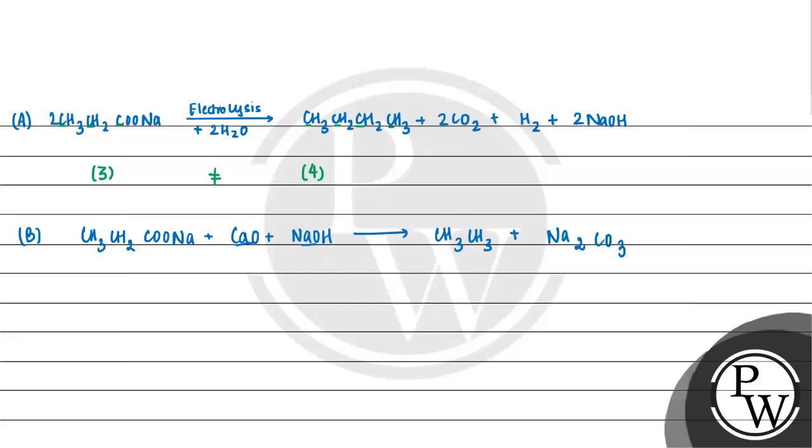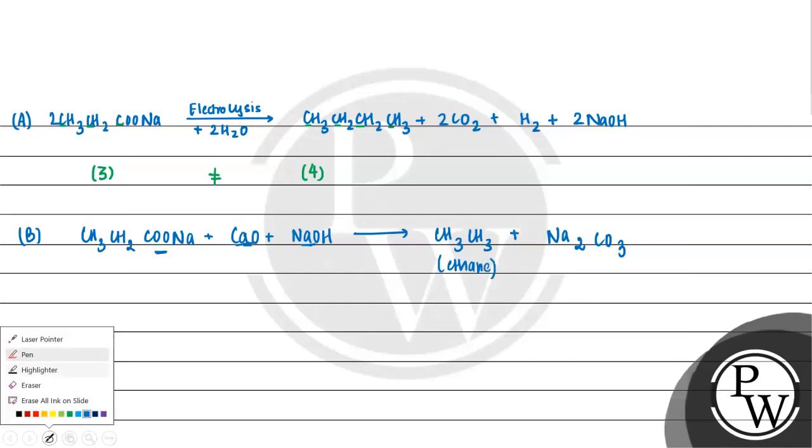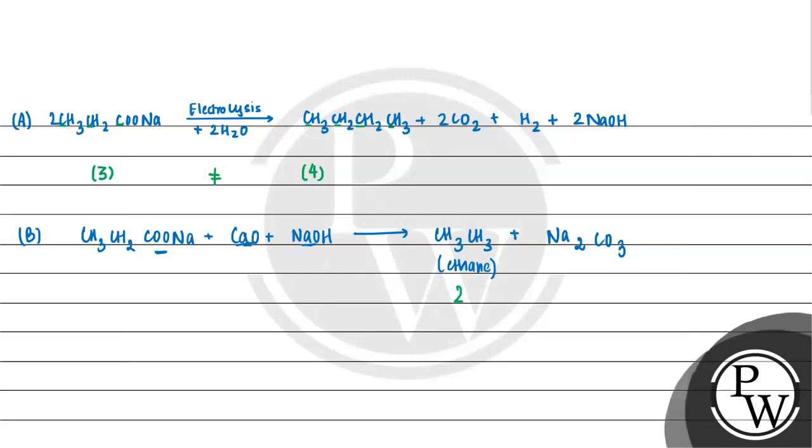So we can clearly see that an alkane is produced by heating sodium salt of the carboxylic acid with soda lime, which is our CaO, in the presence of NaOH. तो हमारा ये we can see clearly an ethane is formed. Ethane में हमारे कितने कार्बन एटम्स होते हैं? We have 2 carbon atoms in the product side, whereas we have 1, 2 and 3 carbon atoms in the reactant side. तो हम clearly देख सकते हैं that these are not equal.